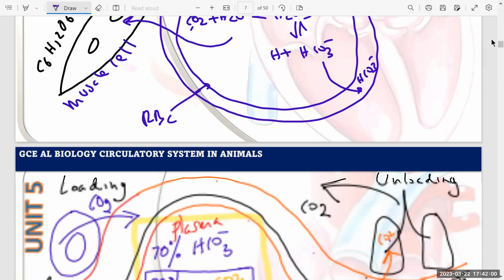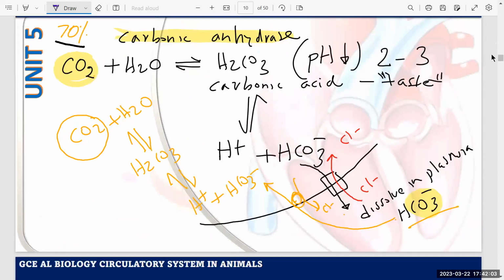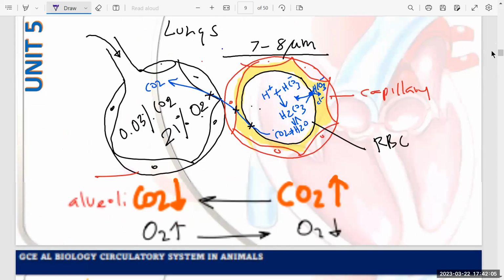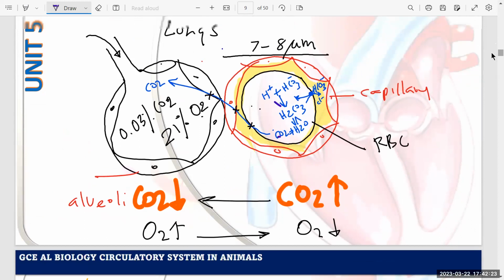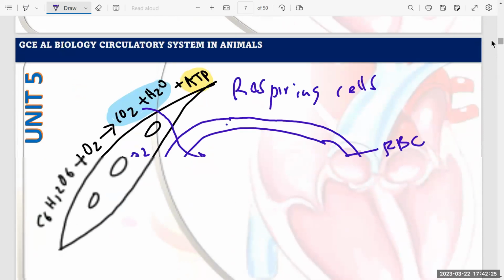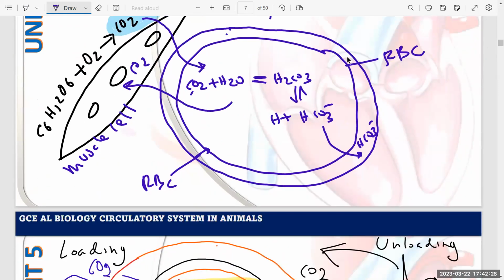When it goes to the lungs, here I explain in blue color, bicarbonate in the plasma moves into the red blood cell. Then the bicarbonate combines with hydrogen ion to make carbonic acid. Carbonic acid converts back into carbon dioxide and water. That means the opposite reaction takes place in the lungs. So it is going backward.